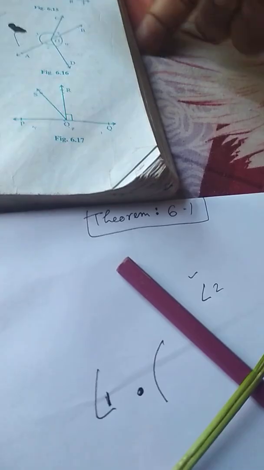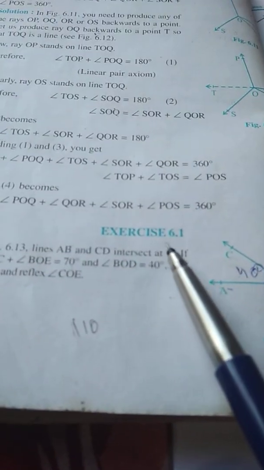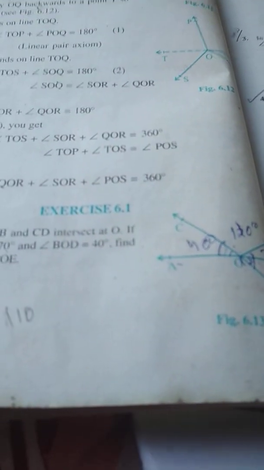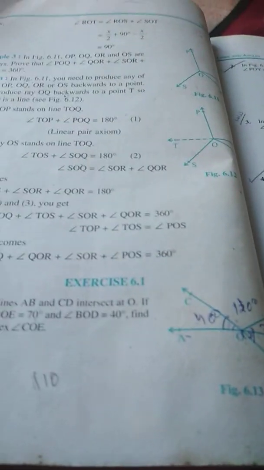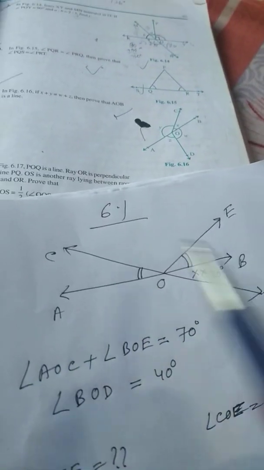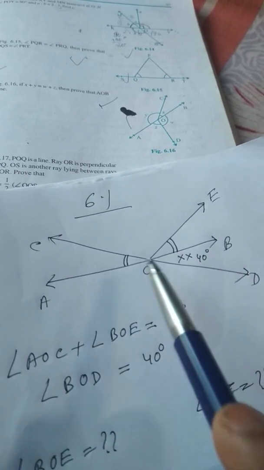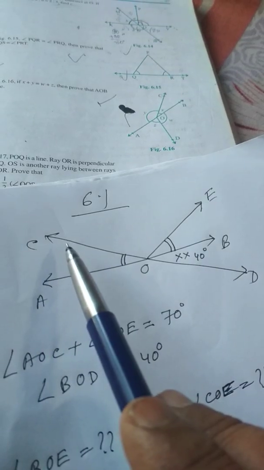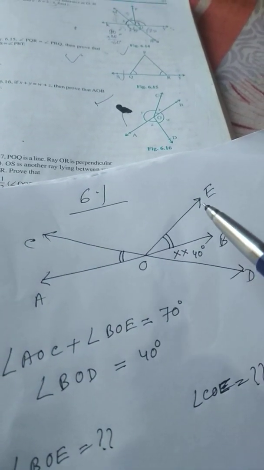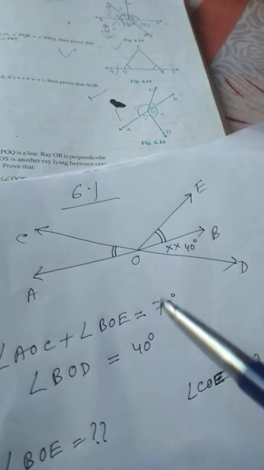Now, with the help of this knowledge, we have to solve the sums of exercise 6.1. How? In number 1, it is given that AB and CD lines intersect at O. And angle AOC plus angle BOE, OE is another arm, is equal to 70 degrees.